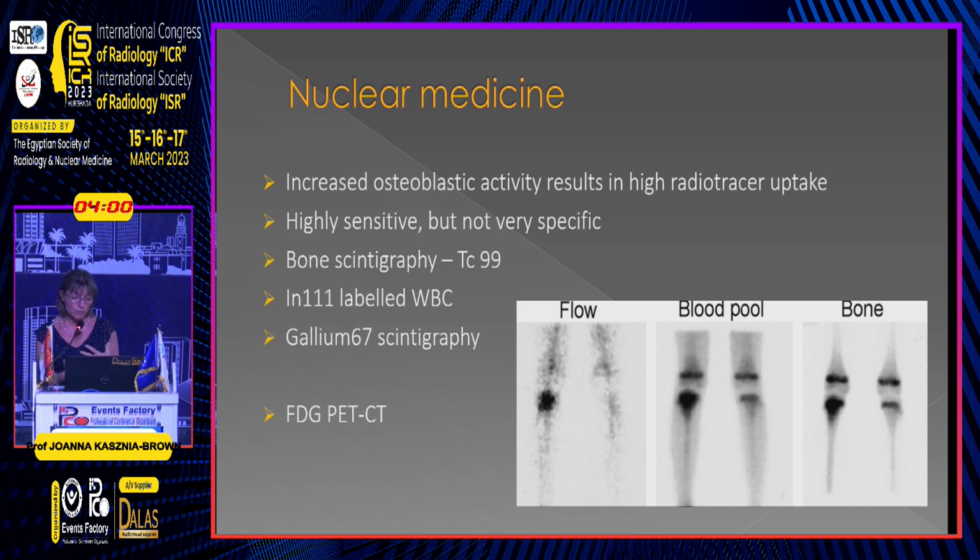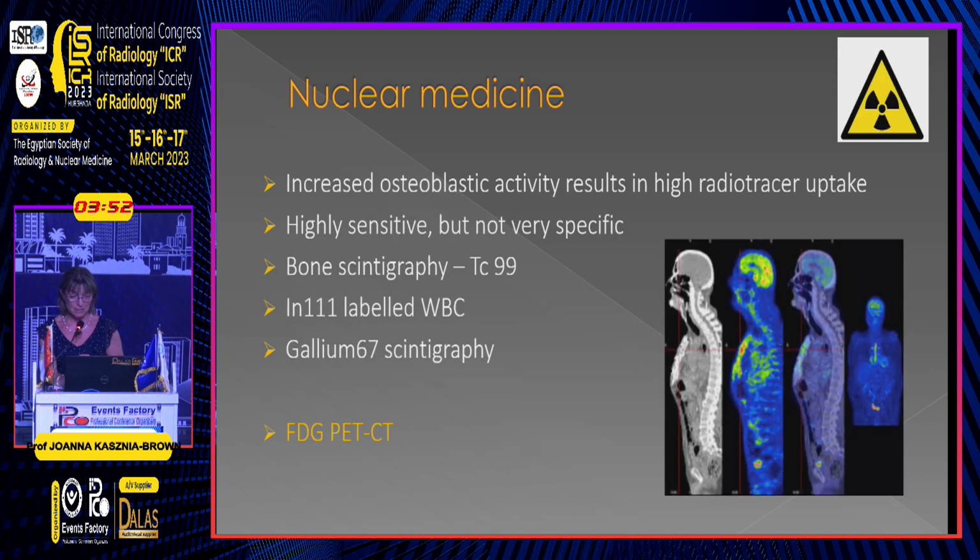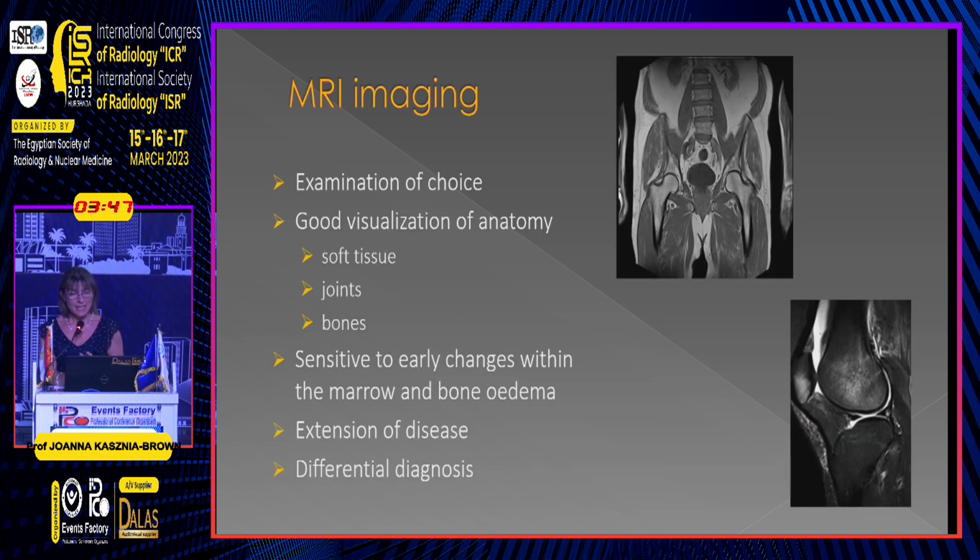We can use the gallium scintigraphy, or we can use the FDG PET-CT or MRI, which is much more useful in the current patients. However, we are kind of looking away in imaging of the MSK system into the MRI because it's just a much easier examination to perform, and also we don't have the ionizing radiation.